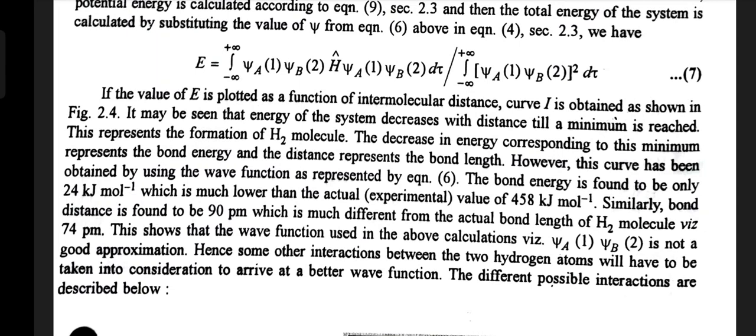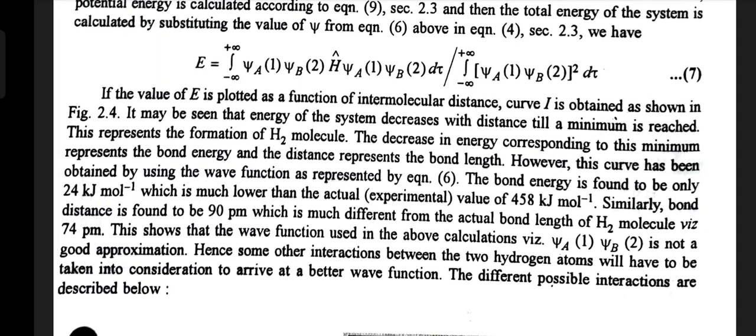However, this curve has been obtained by using the wave function as represented by equation 6. The bond energy is found to be only 24 kJ per mole, which is much lower than the actual experimental value of 458 kJ per mole. Similarly, the bond distance is found to be 90 pm, which is much different from the actual bond length of the H2 molecule, 74 pm.